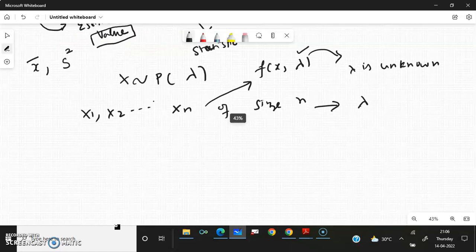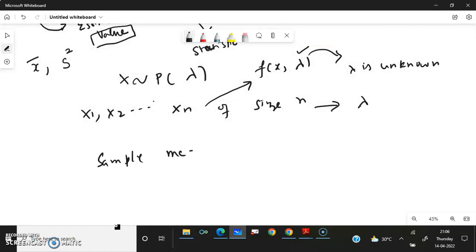So we find x bar, the sample mean. What is the sample mean? Sample mean x bar equals summation xi by n. Why are we doing this? To estimate lambda.